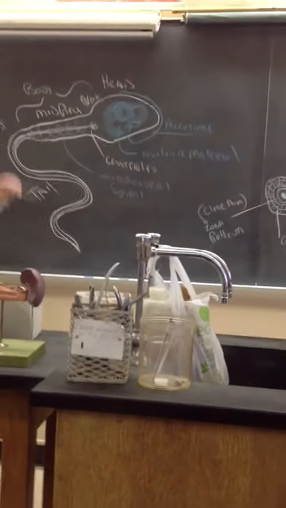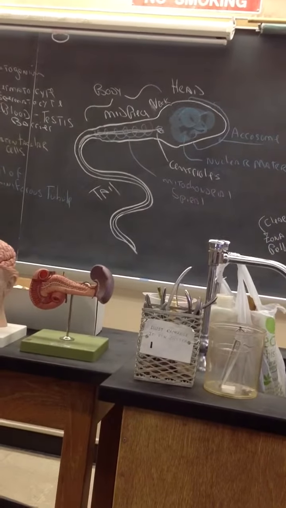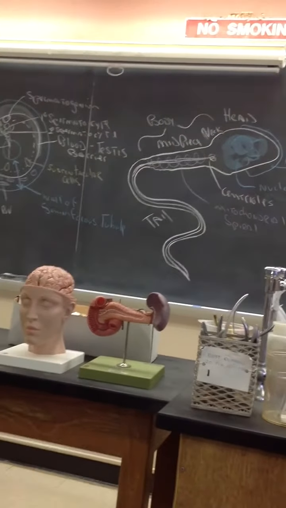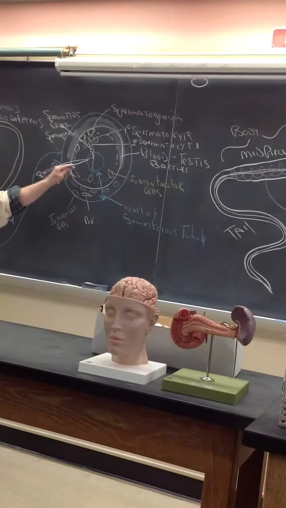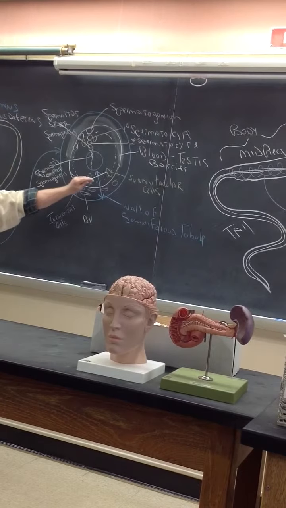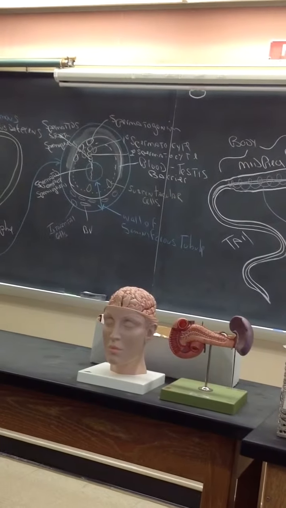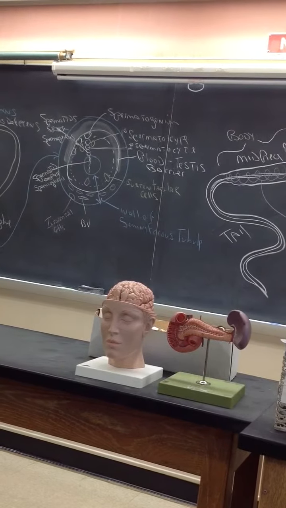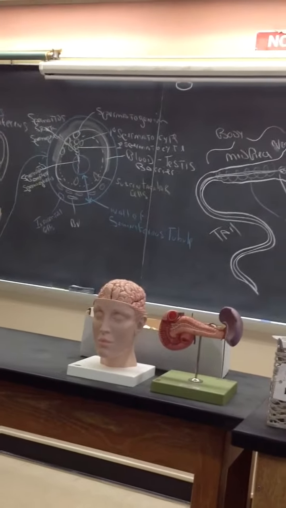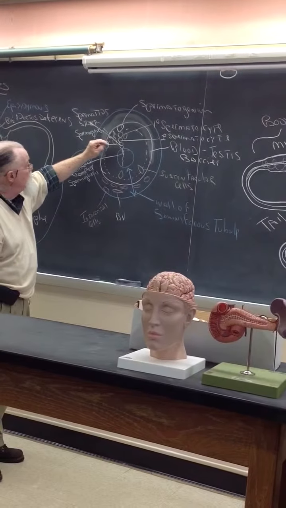It has very little organelles other than mitochondria. And so our white blood cells would attack these if they were not prevented from doing so by the sustentacular cells. They form what's called a blood-testis barrier. So the differentiation starts taking place.